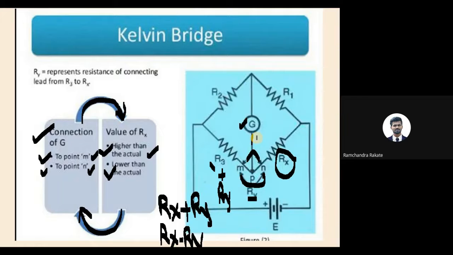Here we have connected our galvanometer, instead of directly to the branch point, through two points, M and N. Because of this, the value of the variable resistance is increased to Rx plus Ry, so we obtain a higher value, and it is decreased to a lower value, Rx minus Ry. I hope you have understood this.